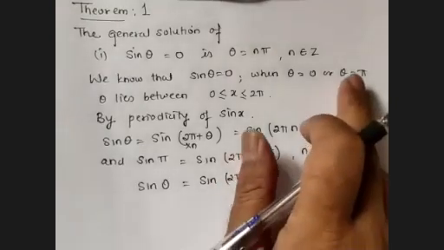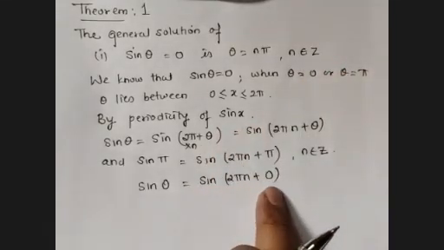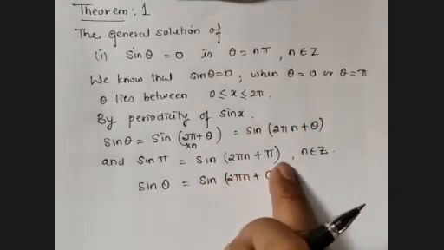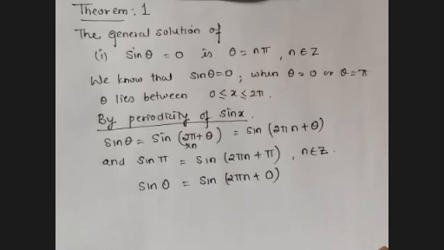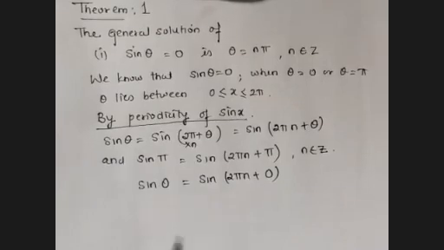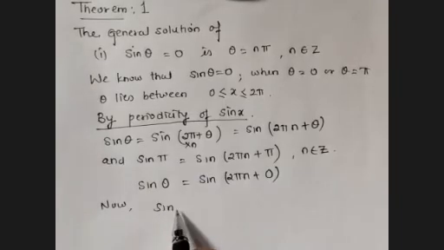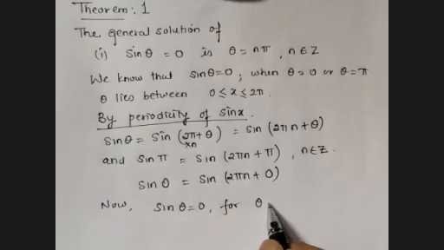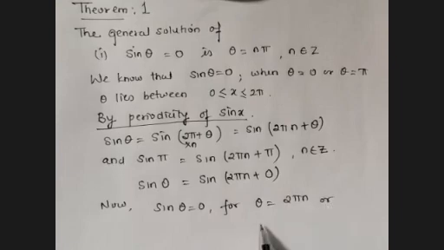For the value of 0, we have sine of 2 pi n plus 0. For the value of pi, we have sine of 2 pi n plus pi, by using periodicity of sine. Now, sine theta is 0 for theta is equal to 2 pi n, or theta is equal to 2 pi n plus pi.